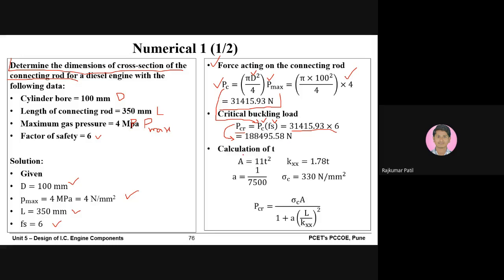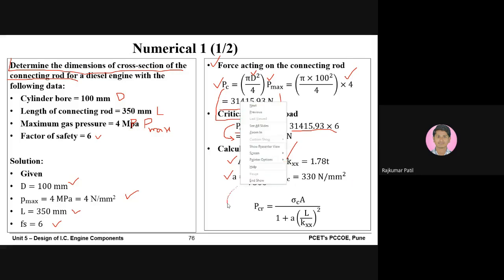Then the next step is to calculate the thickness of the cross section area. We know that A is equal to 11T square, KXX is 1.78 T, constant a is 1/7500, and if material properties are not given, we can take sigma C as 330 Newton per mm square.